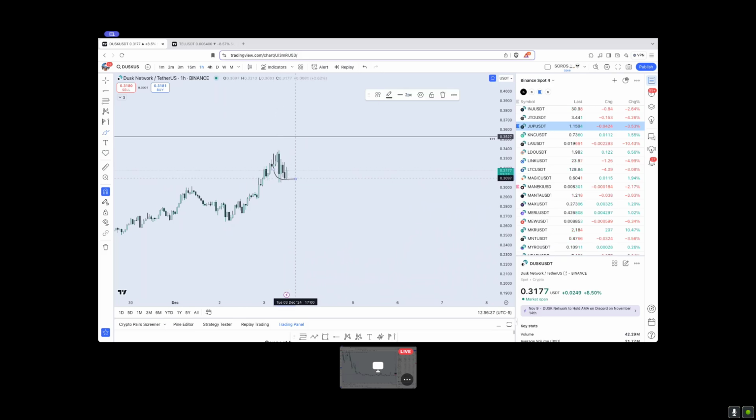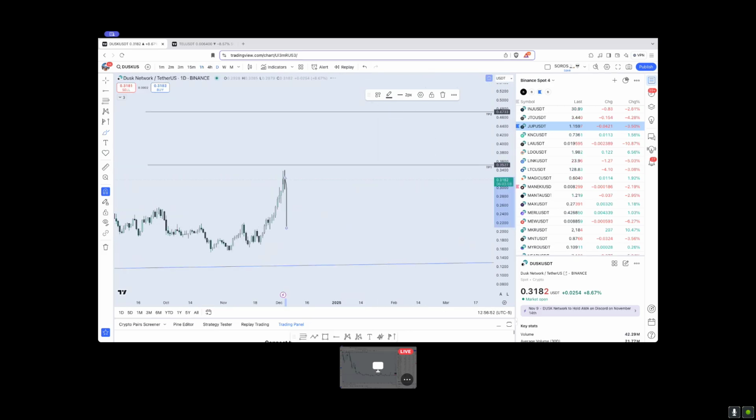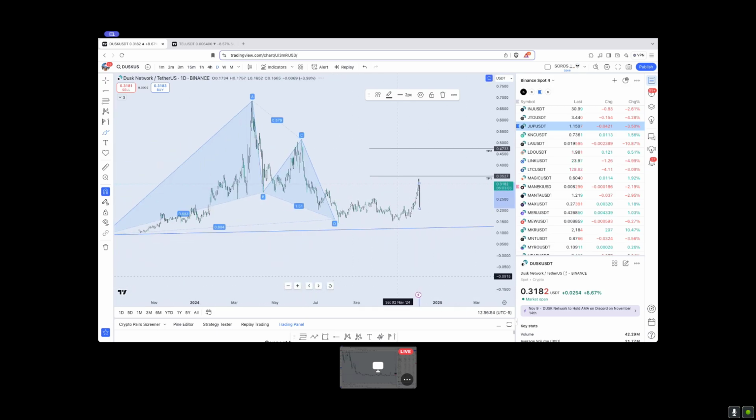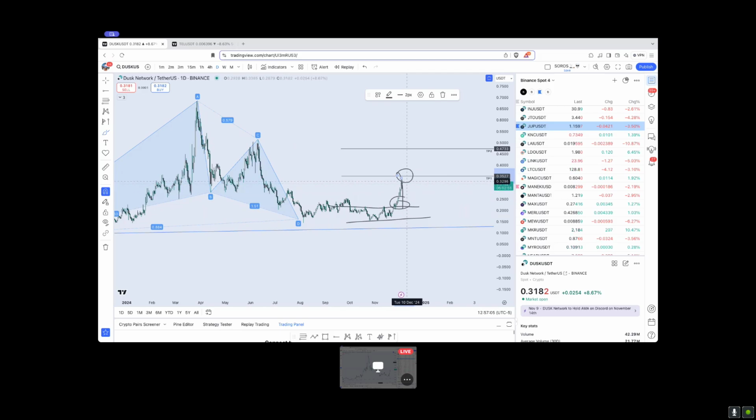So now you're getting structure here. What you want to see is if there's now a raid of that high and then a 1 hour break and close below structure, then I would look to short here for a scalp, and then ideally long on a pullback into an area of interest or a structure or maybe a raid. But this is TP1, so no fresh long right now. It can still go berserk to TP2.